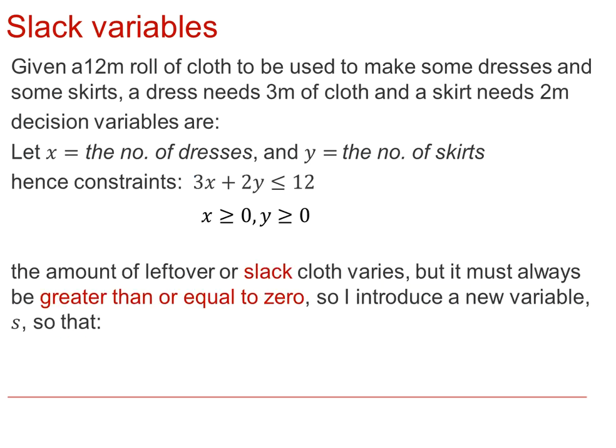So if we introduce a new variable or slack variable s, then we can write that 3x plus 2y plus s equals 12. We still have a non-negativity, but we also note that x, y and s must all be greater than or equal to 0.